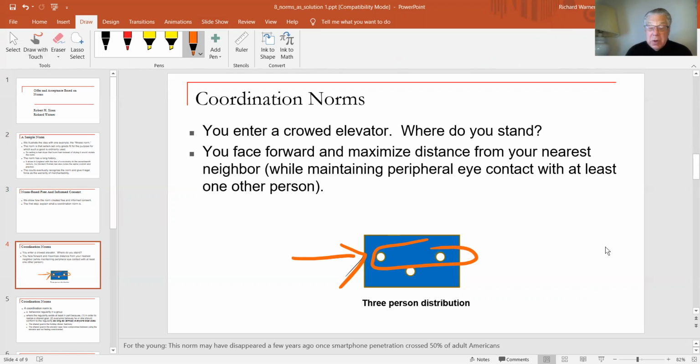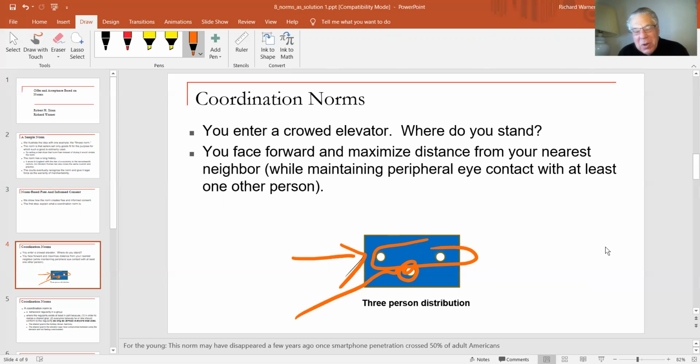Everybody knows where they stand. You stand here. That's you. You stand a little bit behind the two people and between them. That is, if you're not looking at your cell phone.